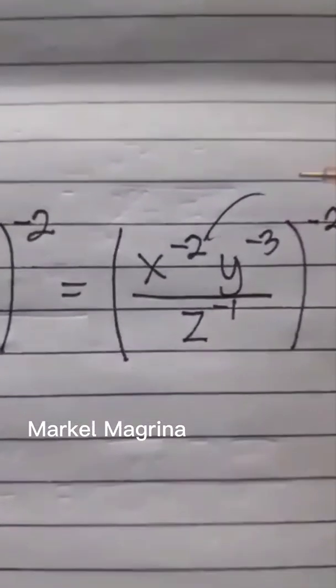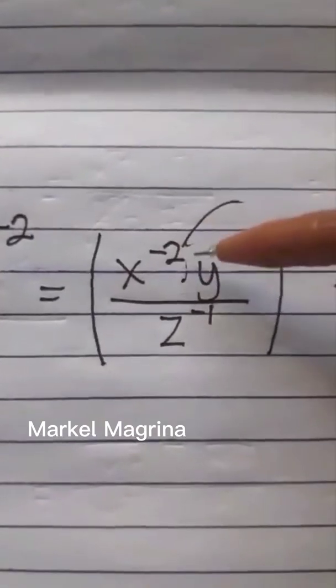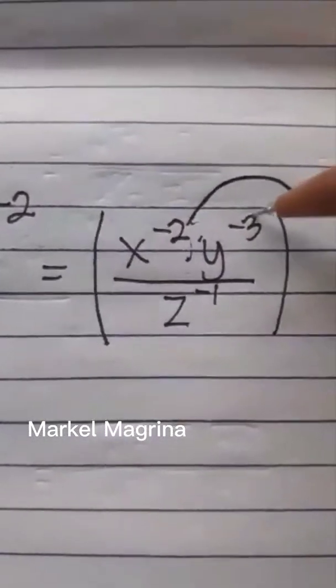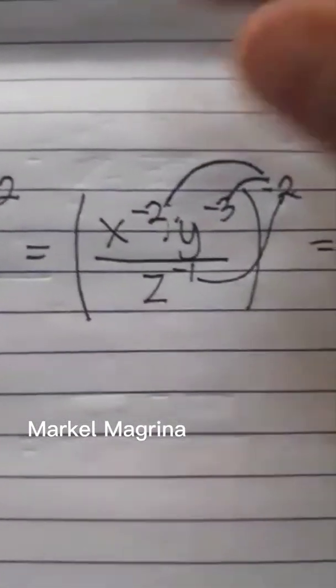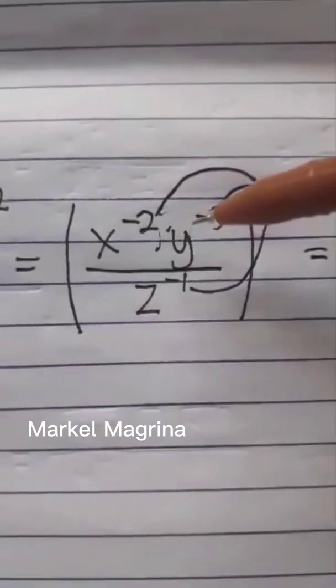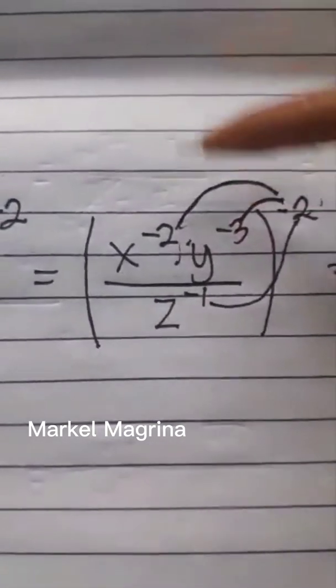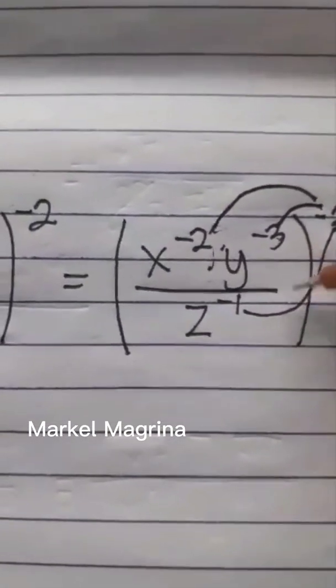So, next, multiply the exponents. Multiply negative 2 by negative 2, multiply negative 3 by negative 2, and the same for negative 1.